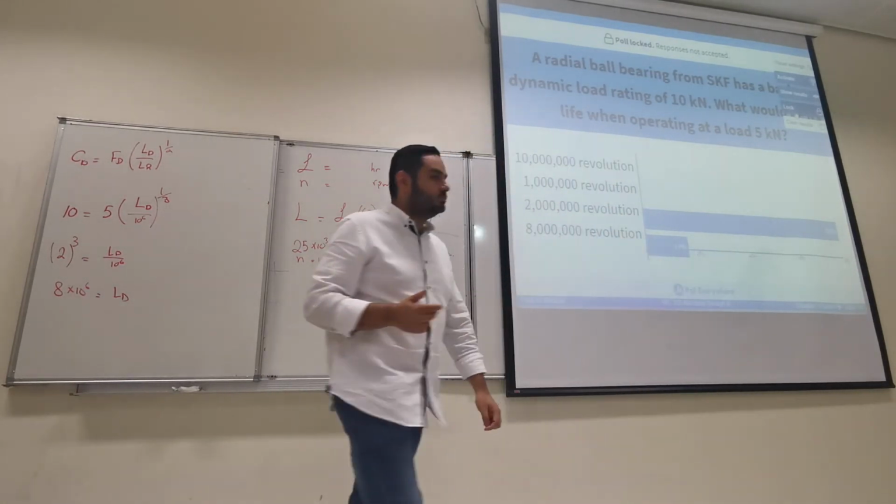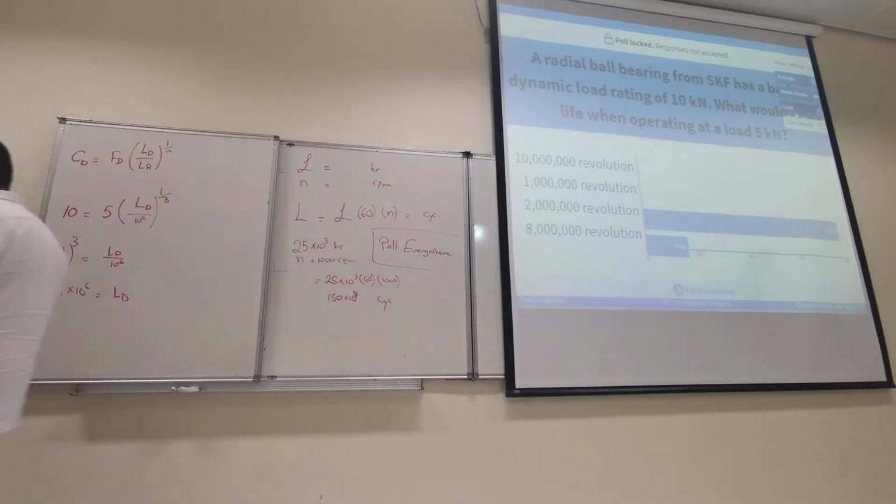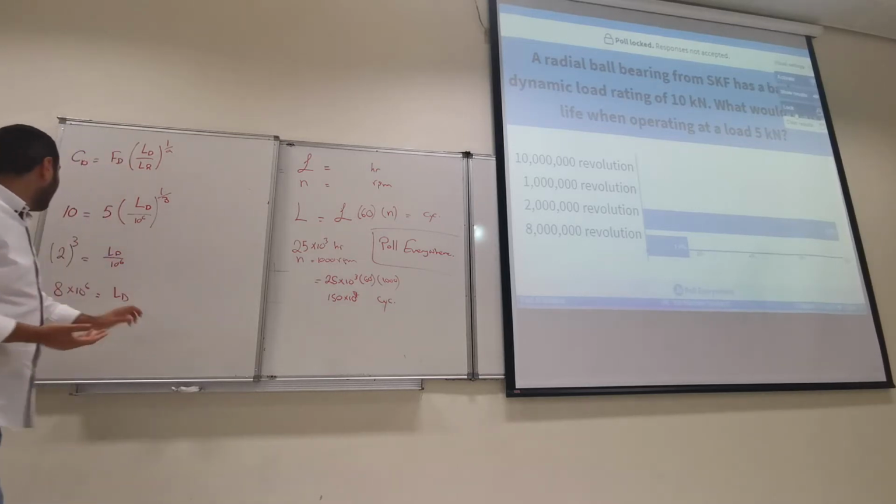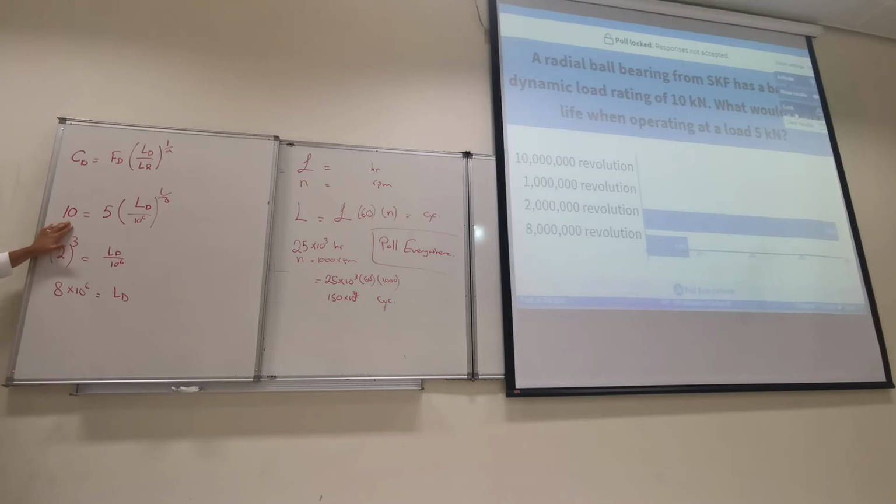Tamam? One question here. If the rated force is the same as the desired, would we have the same life, with a 10% probability of failure? And your question is as follows. If I apply 10 kilonewton here, so if the load is 10 kilonewton, what is going to be the life?